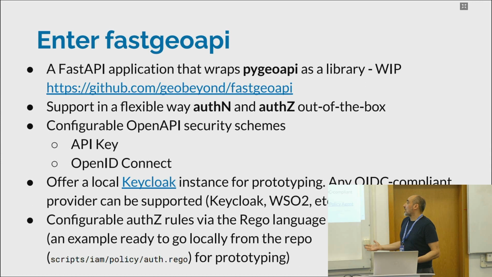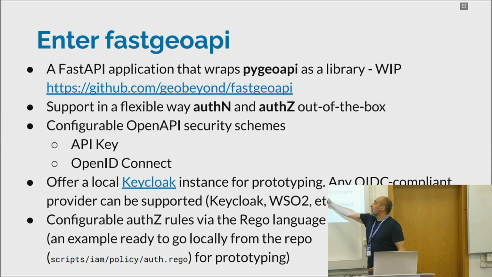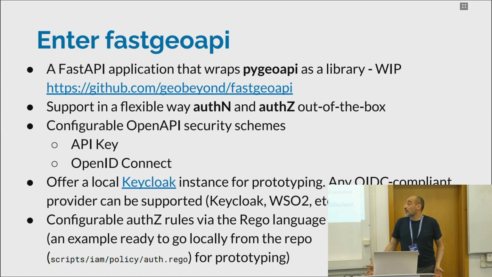But nothing prevents you from using fastgeoapi with any OpenID compliant provider. You can bind, I don't know, Google, GitHub, whatever supports OpenID Connect.